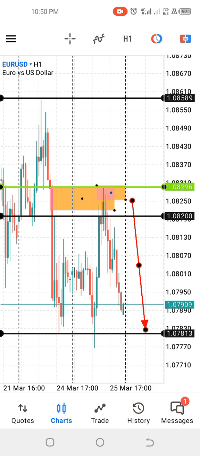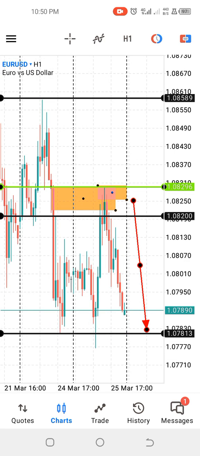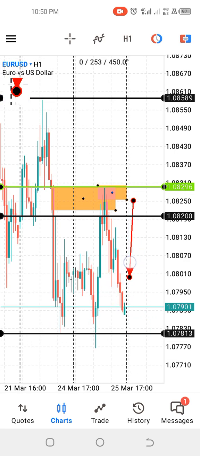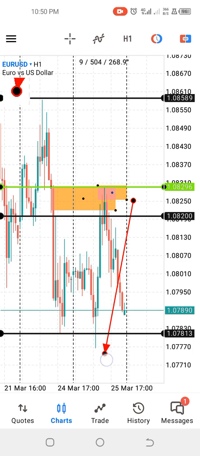Now there's something else I want to tell us. This is just an ideal situation, whereby price traded above the 50%, tapped into this supply zone and started to drop. There are sometimes whereby the direction will be bearish, price will trade just 25%, and from there sell till the rest of the day.